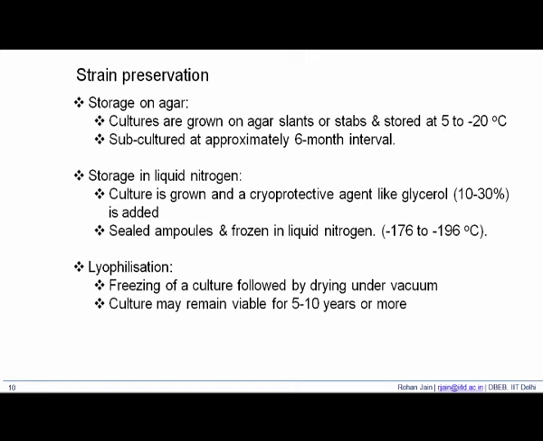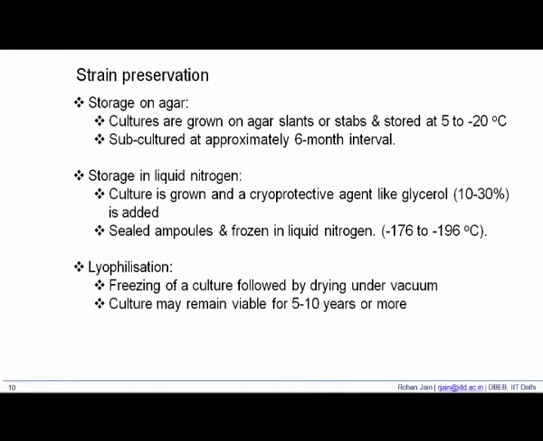Another way is that you grow the microorganism, then add cryoprotective agents like glycerol, 10 to 30%, and many times people can increase this to 80% glycerol stocks, and then you put them in sealed ampoules and freeze them in liquid nitrogen. Okay. So, the temperature is somewhere between minus 176 degrees to minus 196 degrees.